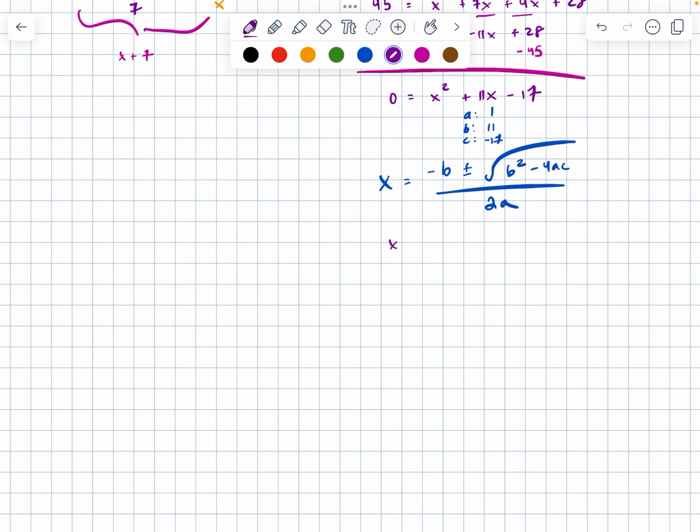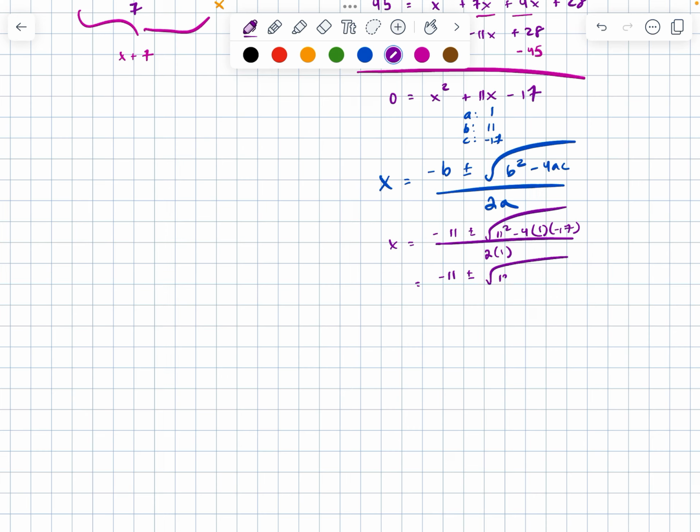Let's slot everything into place and see what we get. So I've got x equals negative 11 plus or minus the square root of 11 squared minus 4 times 1 times negative 17, all over 2 times 1.